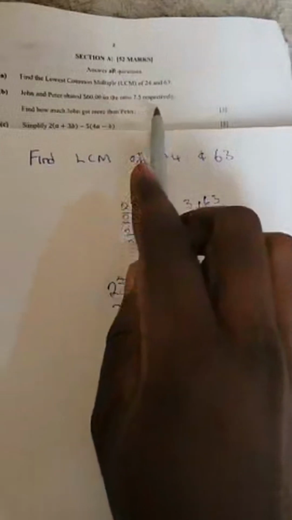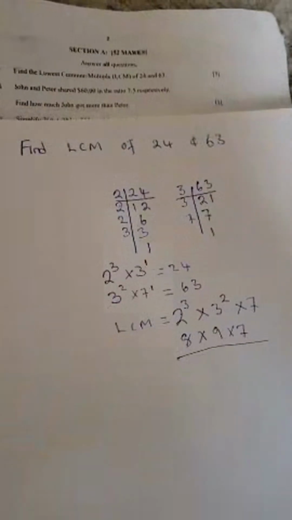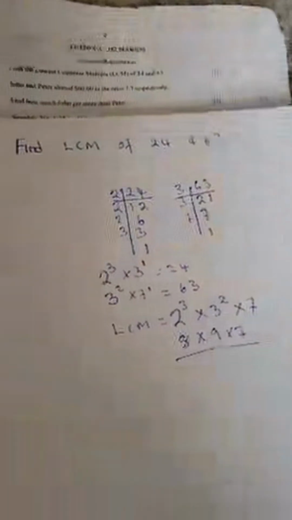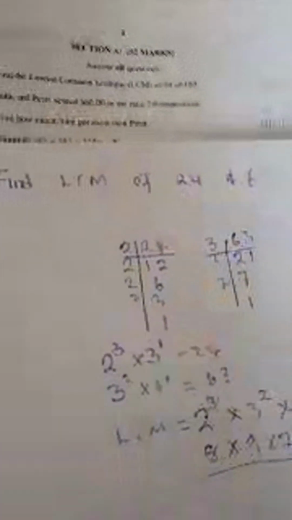Part B. John and Peter shared $60 in the ratio 7:5 respectively. Okay, so John and Peter shared $60 in the ratio 7:5 respectively.